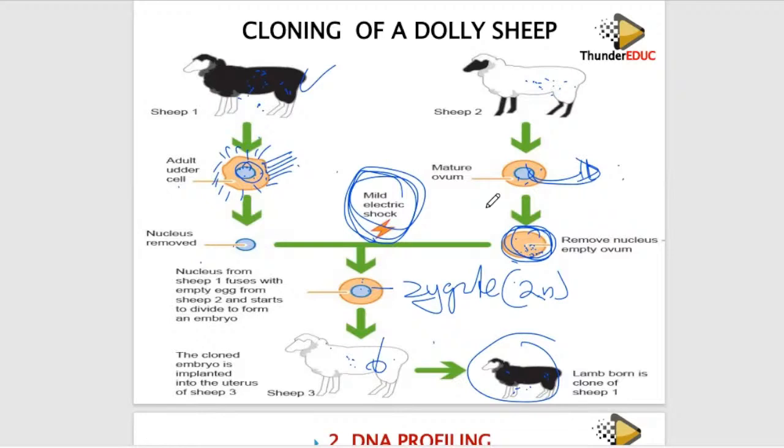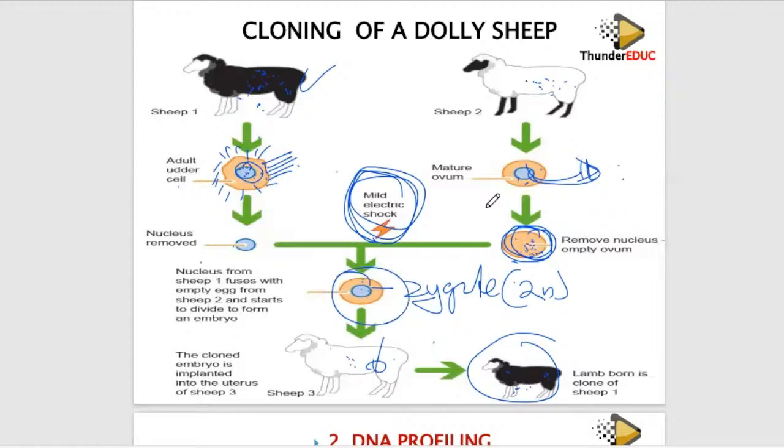It cannot undergo mitosis too. It won't look like a zygote, yes? Because it is coming from another body cell. It's not coming from the gamete. That's why we have to bring a nucleus, its genetic material, and put it in the casing of the ovum so that this thing looks like a zygote.